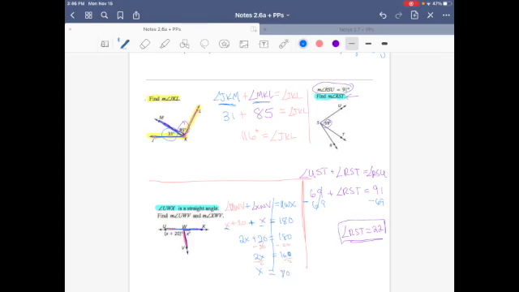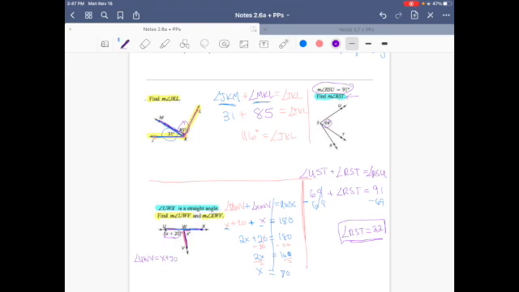So we're not done, because the problem actually says to find UWV and XWV. So now let's do a little bit more. Let's start with finding UWV. I know UWV is this one, so I'm going to say UWV equals X plus 20.